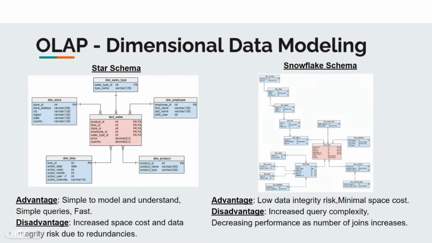Those are your dimensions. And it becomes very easy to get answers like, how many sales were there? What is the sales quantity for a given week? What was the total revenue by week, price times sales? Or for a given product, what was the quantity sold in a given week?